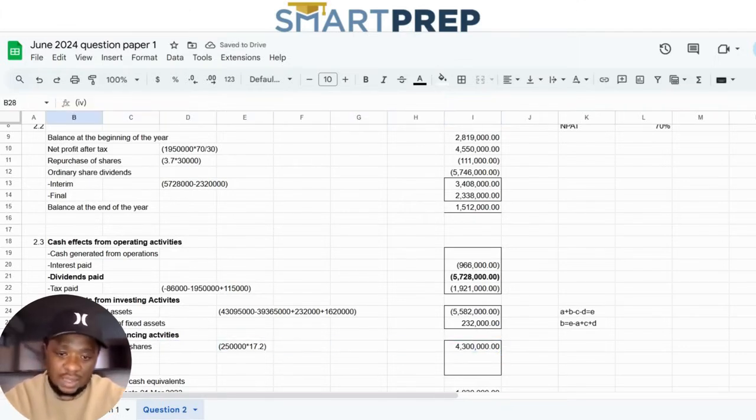Okay, and then after that, we would look at the repurchase of shares. Now we have to think about the fact that there was an average issue price and then there's the above average issue price. So what was the average issue price at the time of this repurchase of shares? Because when it comes to the cash flow, we don't split.